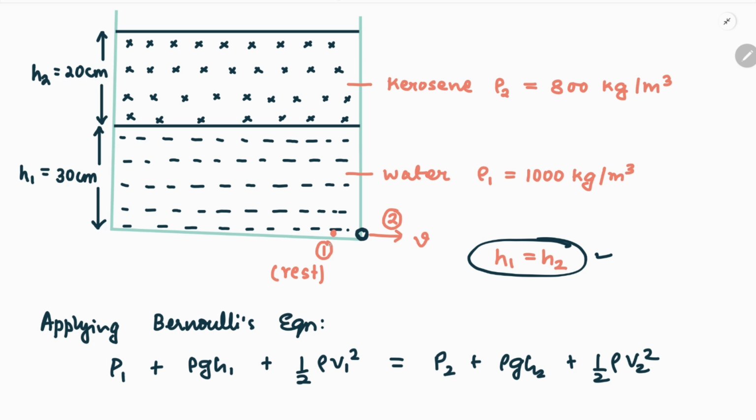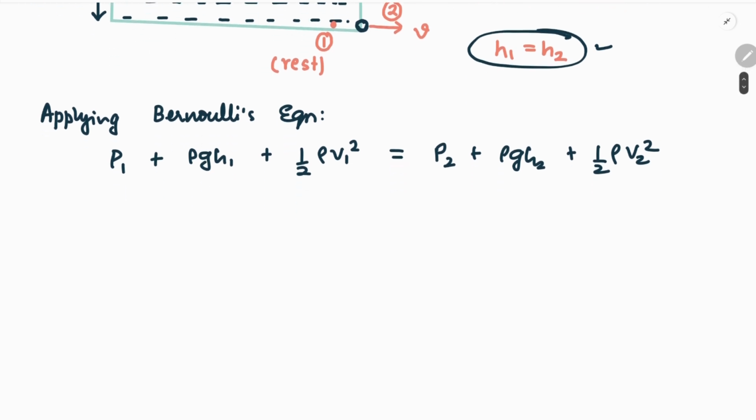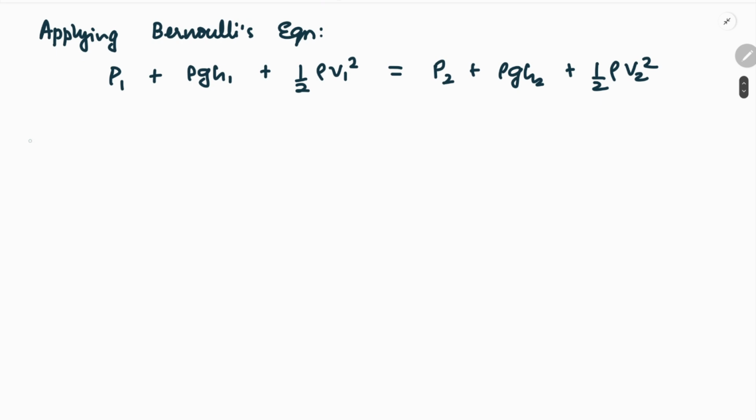Now if I write the pressure at this point 1, it is due to the liquid column of kerosene, the liquid column of water and atmospheric pressure P0. So we can write P1 as P0 plus rho 1 g H1 plus rho 2 g H2.